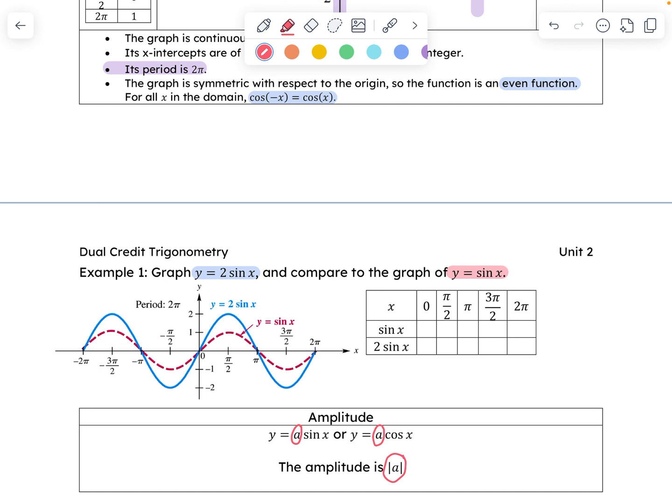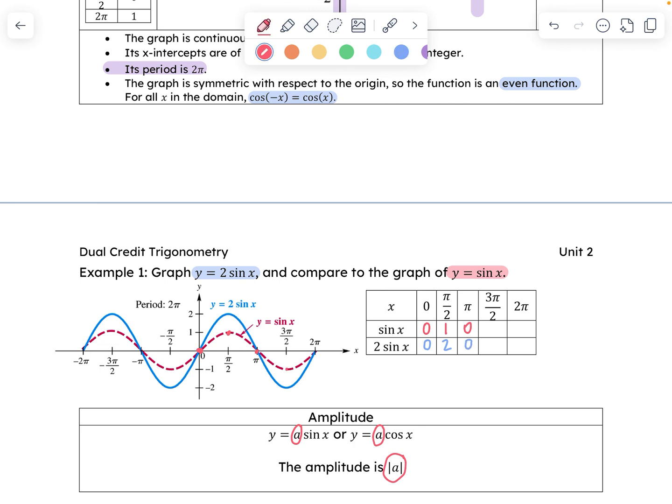So if I'm trying to fill in this table right here, I would still say that at 0, sine of x is 0, and 2 sine of x is also 0. At pi over 2, the sine of x is 1, but now the 2 sine of x is up at 2. When I come here at pi, the sine of pi is 0, and 2 sine of pi is also still 0.